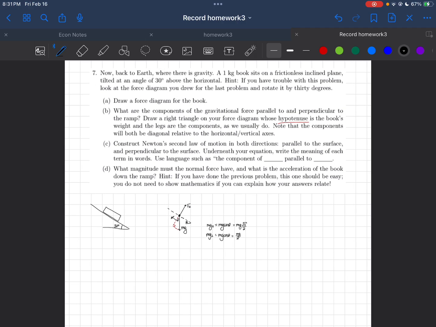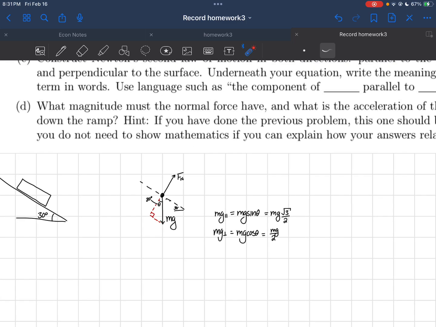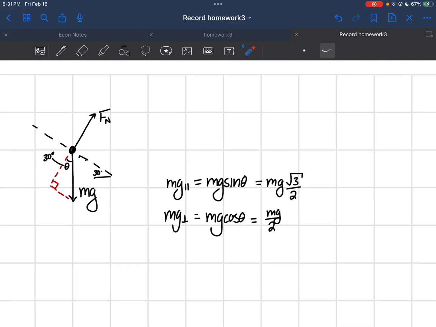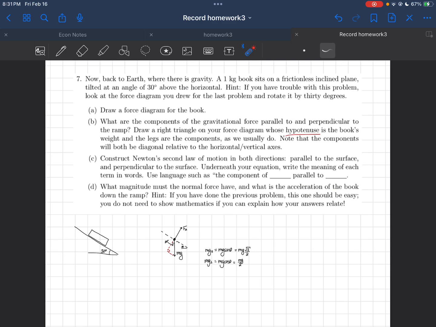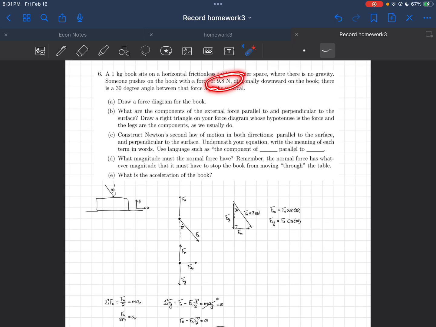Now, you might notice that this is very similar to the previous problem. And in fact, it is the same, because this mg here, right, if I take the mass of the book, which is 1 kilogram, and I multiply by my 9.8 meters per second squared, that is g, that gives me my 9.8 newtons that was being applied as a force before.